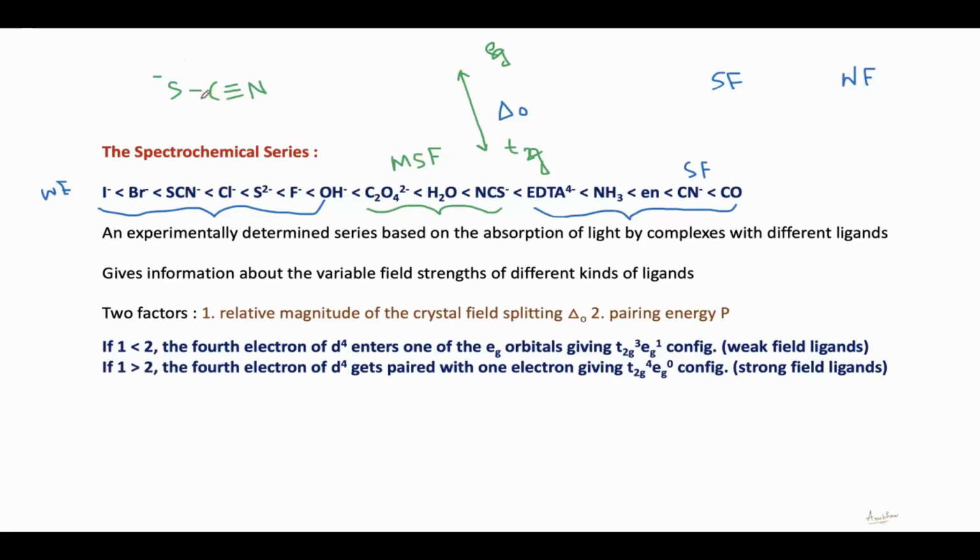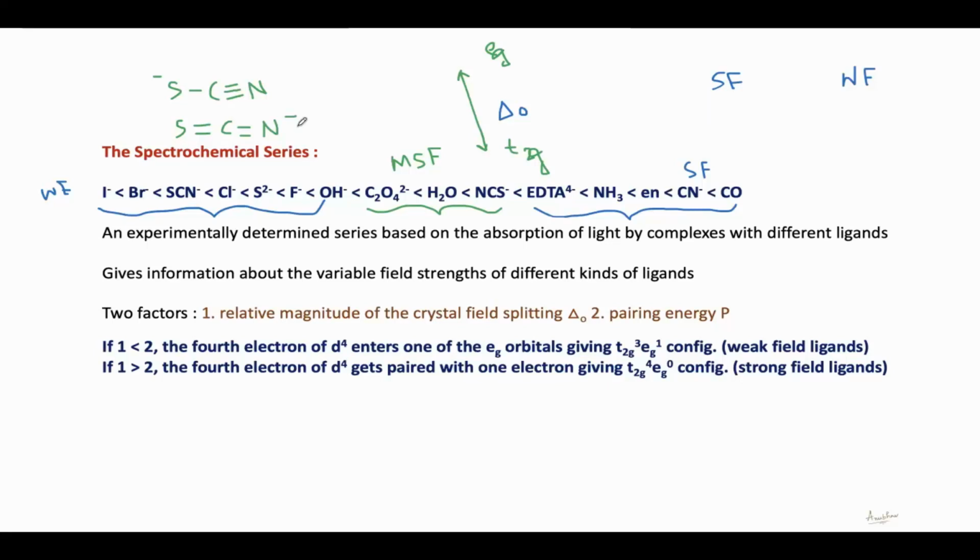But when the same ligand is in another ambidentate form, which is NCS minus, it binds through the N. So this is a moderately stronger field ligand, NCS minus. So depending upon the nature of the atom which is binding to the metal center, the field strength of the ligand will be determined.